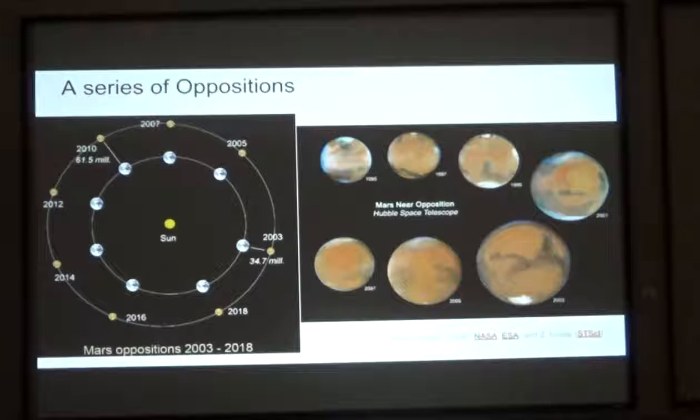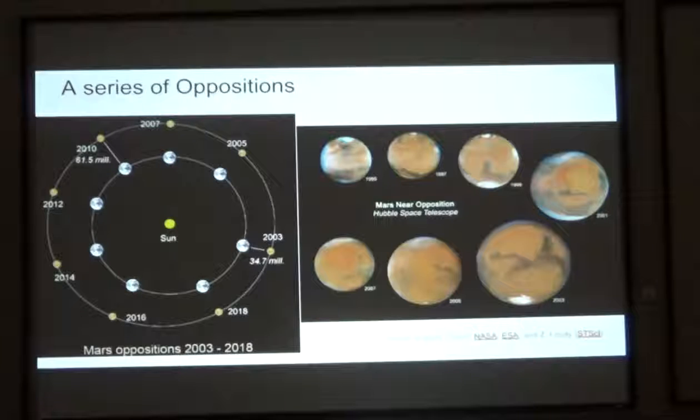Because you have an ellipse and roughly a circle, and it takes a non-integer number of years for them to go from opposition to opposition, that spacing is called the synodic period. You'll end up having opposition alignments at different points along those two orbits, and the relative distances shift. Here on your left, there's a diagram of 2003 on the right of these concentric orbits.